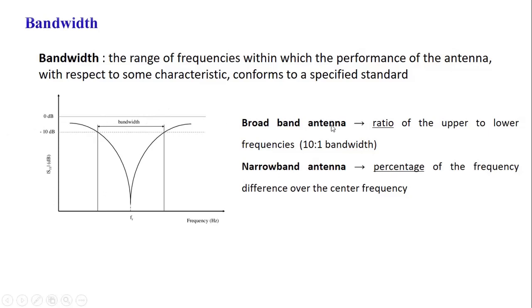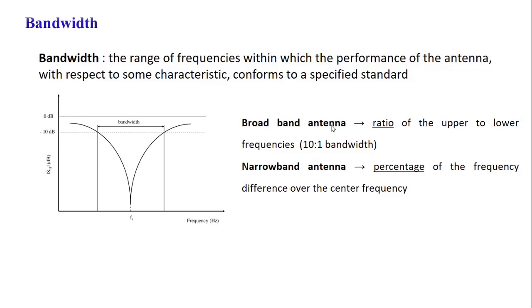So for a broadband antenna, this bandwidth is usually expressed as the ratio of upper to the lower frequencies of acceptable operation. So for example, if it is written as 10:1 bandwidth, that indicates that the upper frequency is 10 times greater than that of the lower frequency.